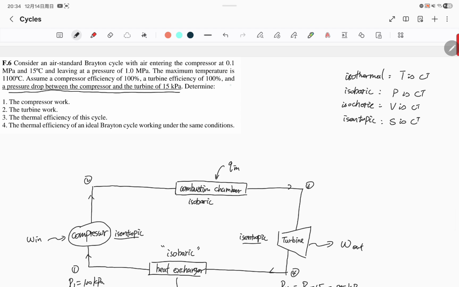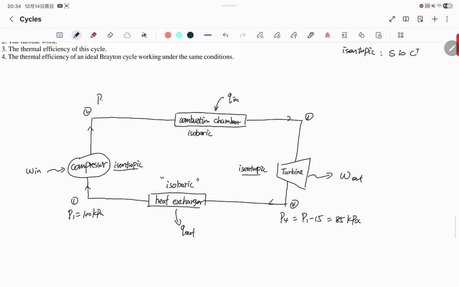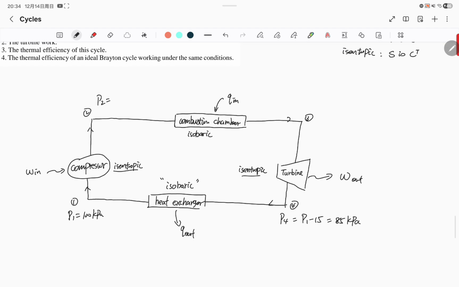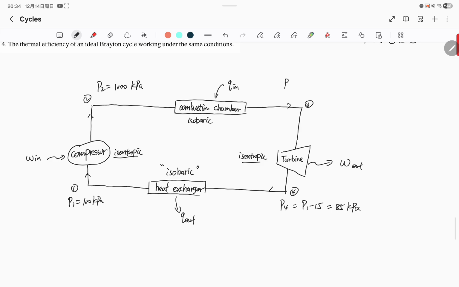This 1 megapascal value, where is it? Entering compressor and leaving compressor. That means our P2 is 1 megapascal or 1000 kilopascal. P3 is going to be the same because from 2 to 3 is isobaric process. So this is the same as P2.